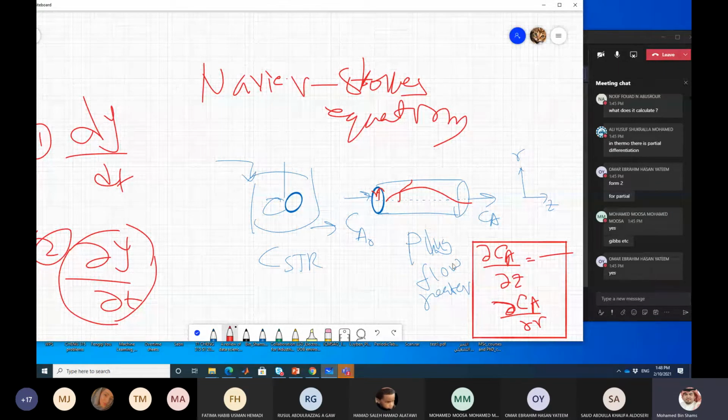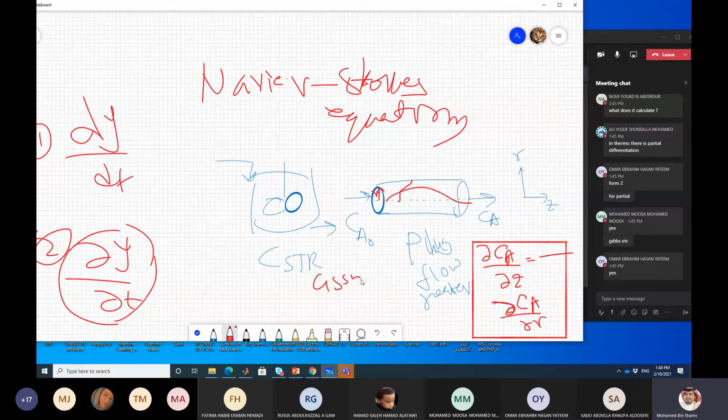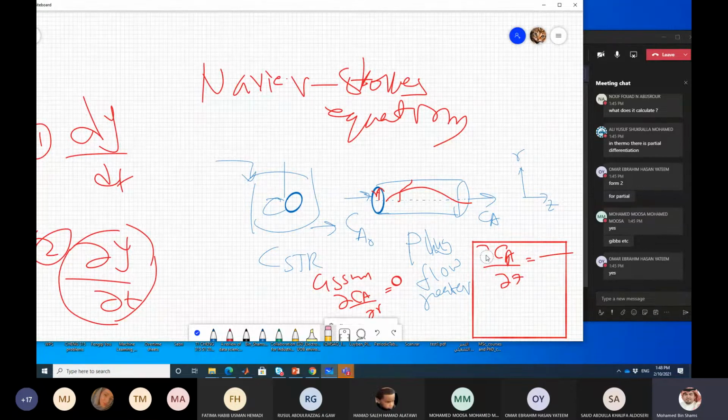If I'm assuming that the change of the concentration in the radial direction is 0, it means I don't have this equation. And then look here now. This partial becomes total. This partial becomes total derivative.